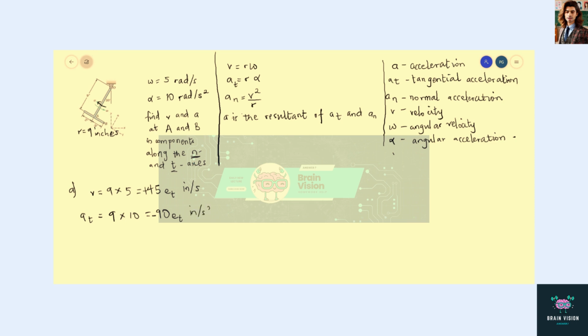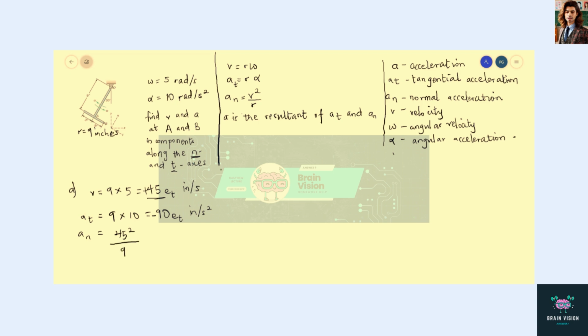Now for normal acceleration. Normal acceleration is simply centripetal acceleration. It represents this direction, so it's going to be in the n axis. So an is equal to v squared, where this v is the velocity we just calculated, 45 squared over the radius, which is 9.